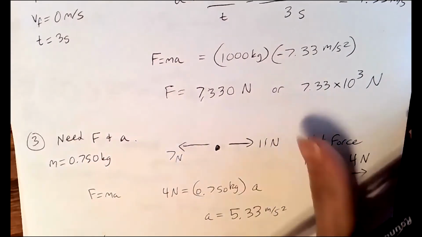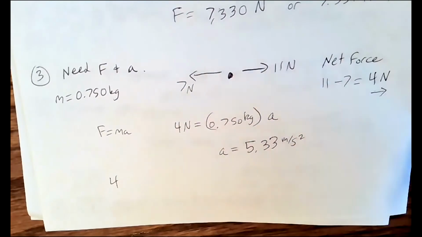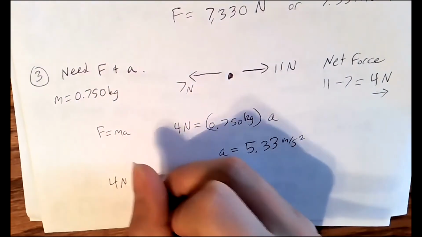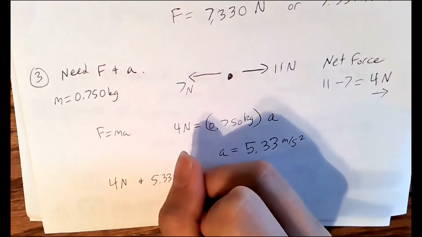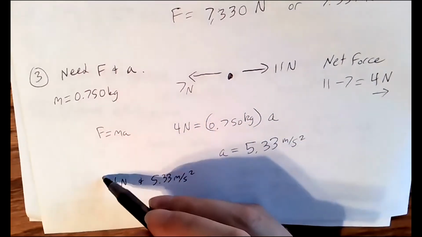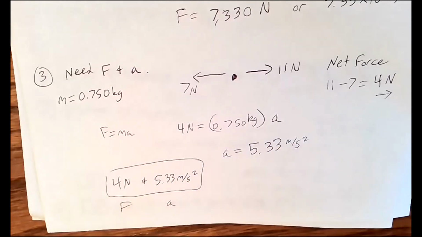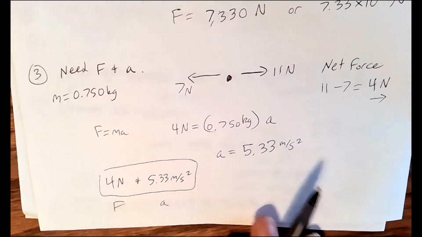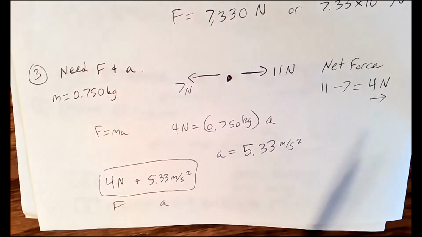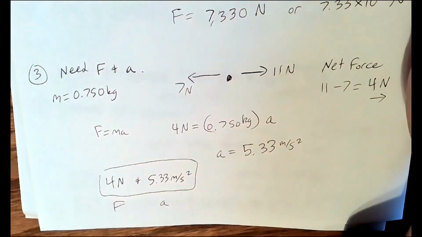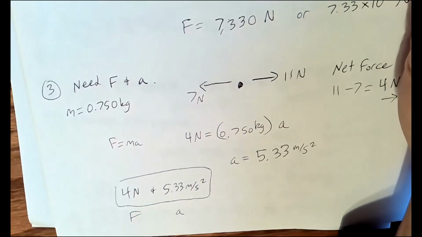So it'll be 4 newtons and 5.33 meters per second squared. F and A. Cool. So that's the process so far. Let me get reorganized. So we're at number 4.